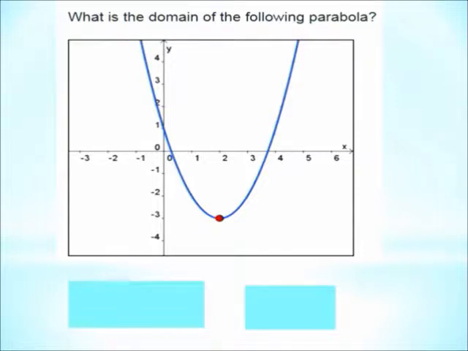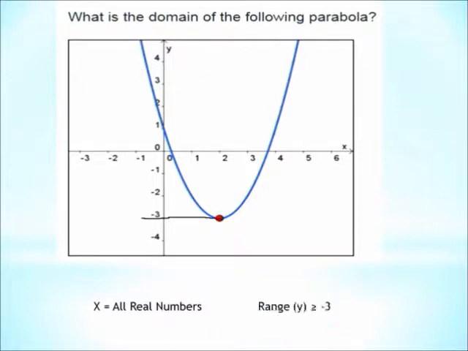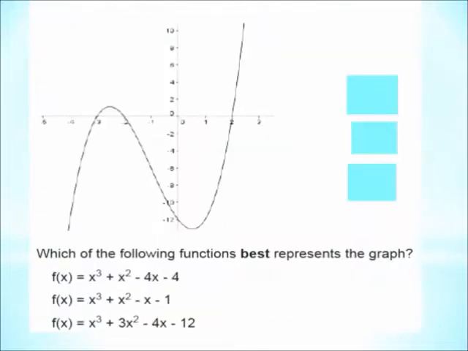So in this particular case, it is all real numbers. Well, I know this problem doesn't ask for the range, but let's look at the range. Range is your y values. So what are your y values? They start at negative 3 and they go up. So therefore, y must be greater than or equal to negative 3.